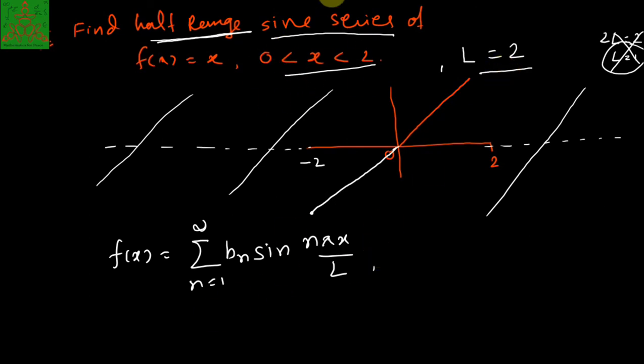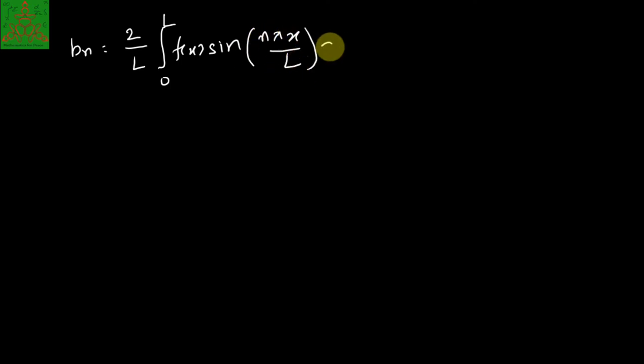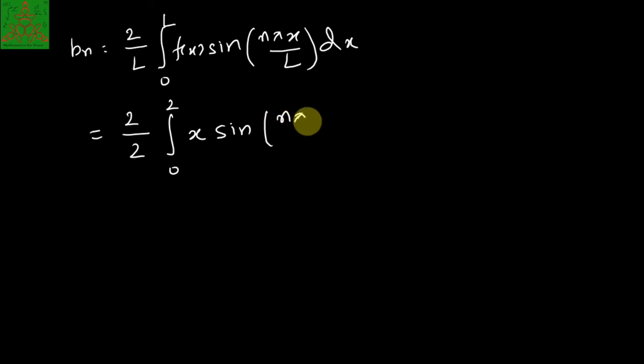Where your b_n is 2 by L, integral 0 to L, f of x sine n pi x upon L dx. So it is 2 by 2, integral 0 to 2, f of x, which is x, sine n pi x by 2 dx. We are applying integration by parts to solve this integral.